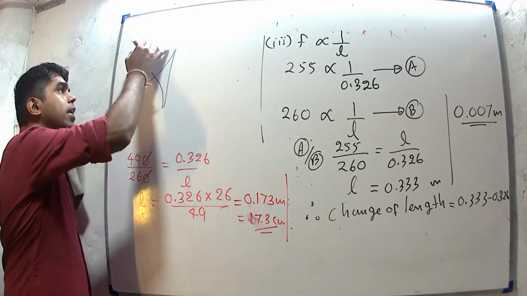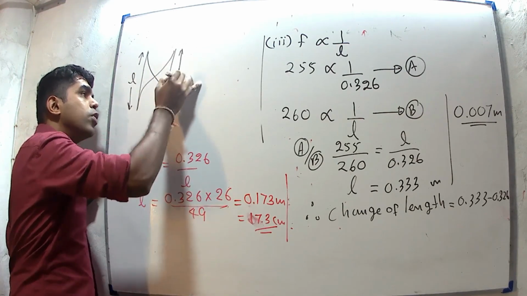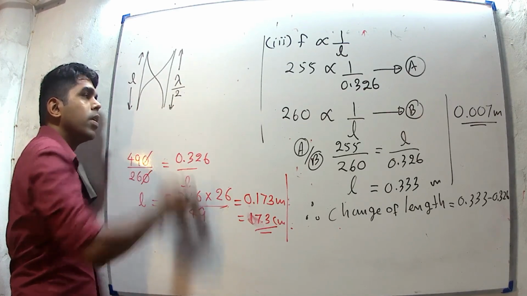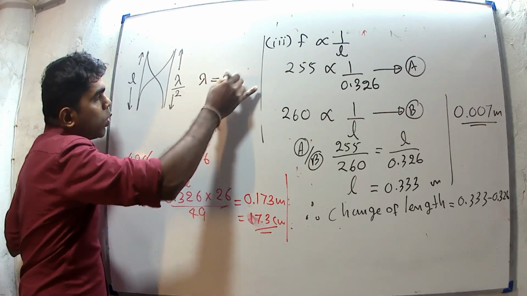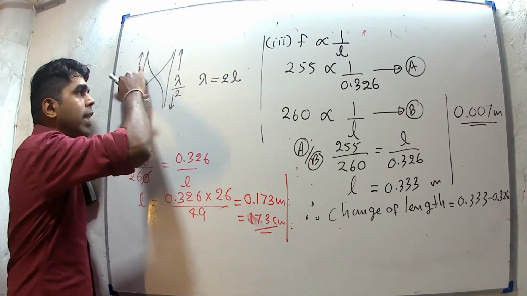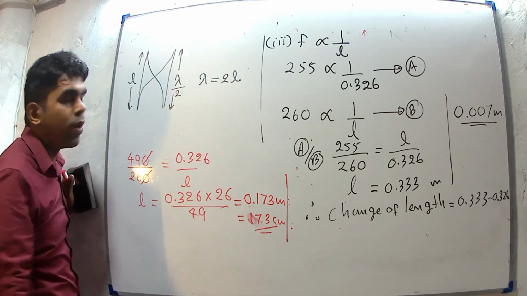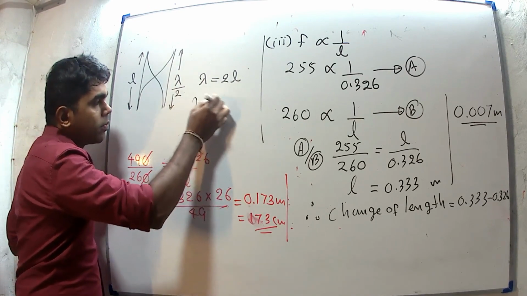Now we know that length equals lambda divided by 2, not 4. It means the new wavelength is 2 times L. Lambda equals 2L.